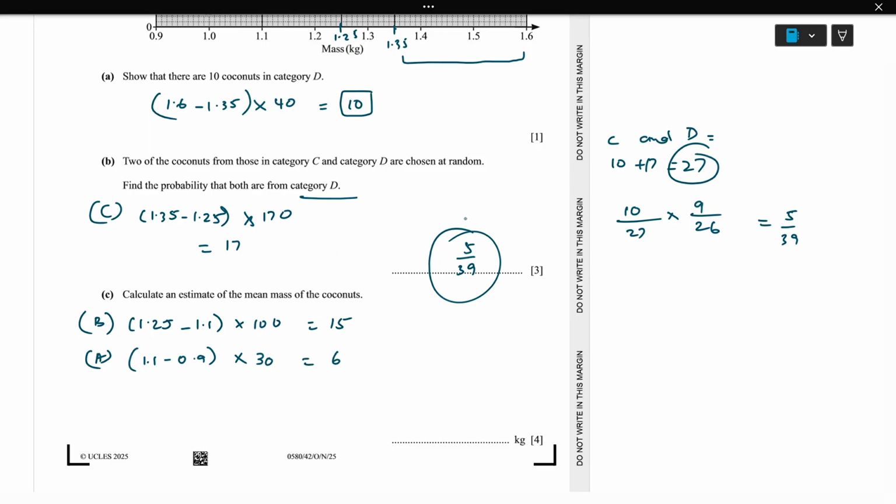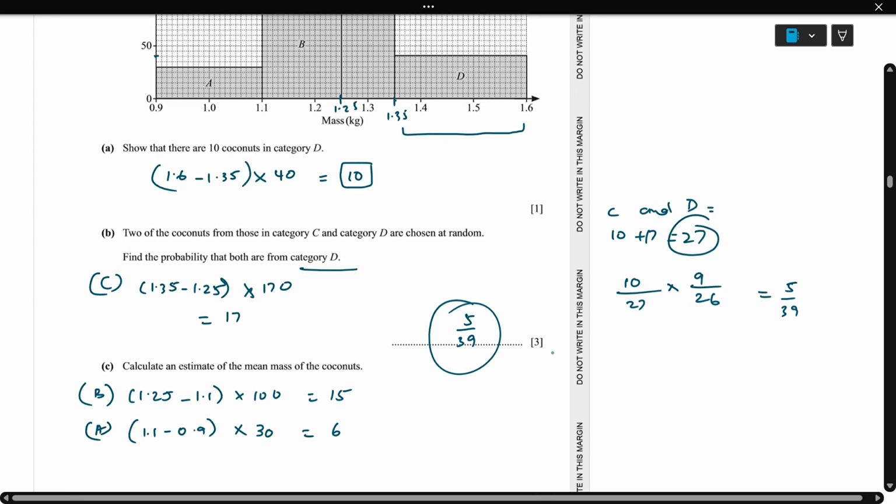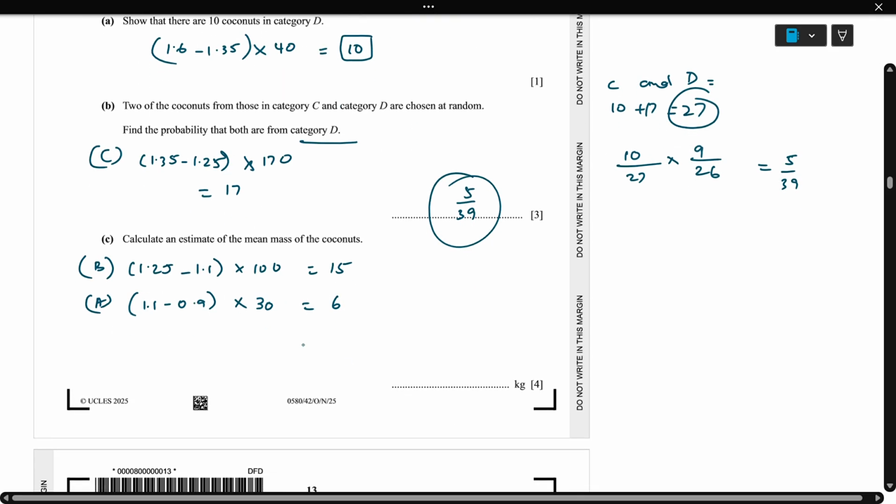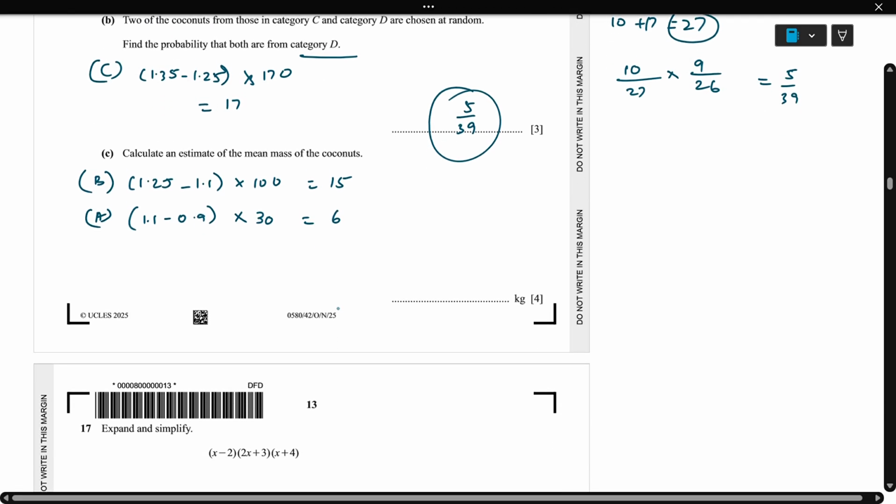Now we have all the data, so the total is going to be 10 plus 10 plus 17, 27, 30, 33, 48. The total is 48.